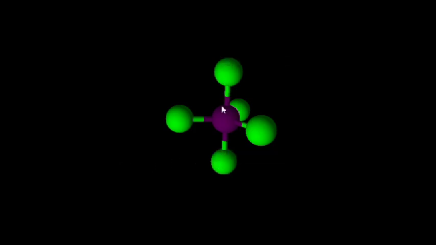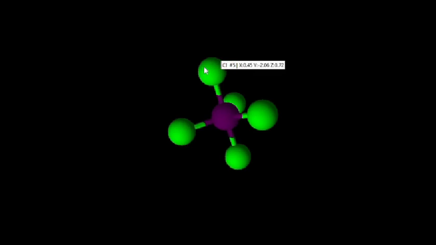These three, 1, 2 and 3, represent iodine atoms, and these 1, 2, 3 represent lone pairs. So you can see these three iodine atoms are in a straight line. The plane of these three lone pairs is perpendicular to the plane of the iodine atoms.